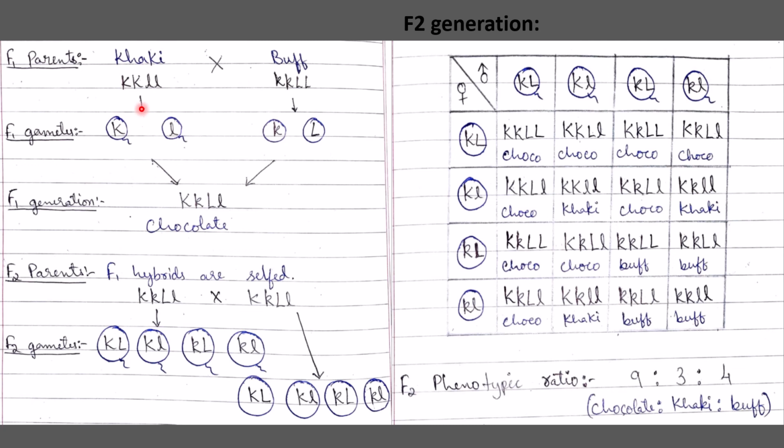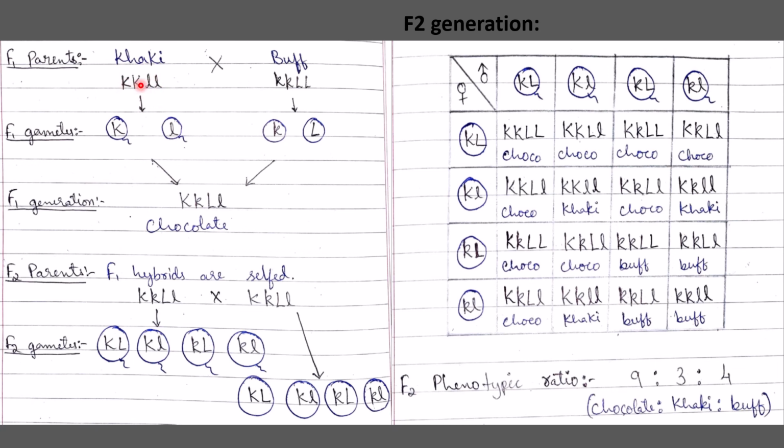So here the parents are khaki and buff color. So the genotype selection is like, when is the khaki color produced? Whenever there is only the presence of the dominant allele, that is, whenever the dominant allele K is independent, only then the khaki color is produced here. So there should not be presence of the dominant supplementary gene here.